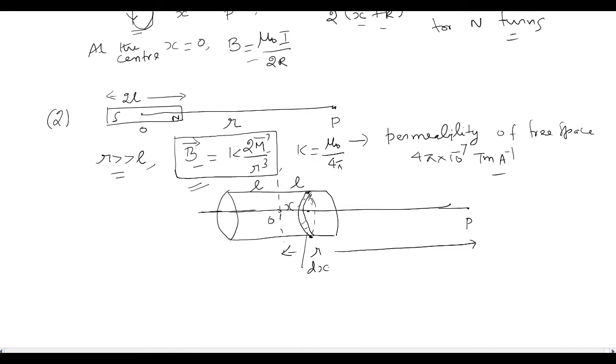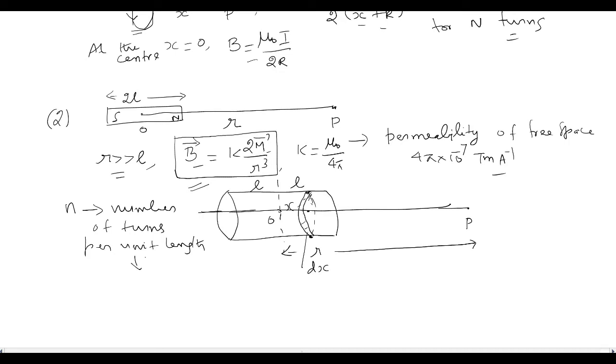Now what is the shape of the element? The shape of the element will be a circular coil of n dx number of turns. n is the number of turns per unit length of the solenoid.